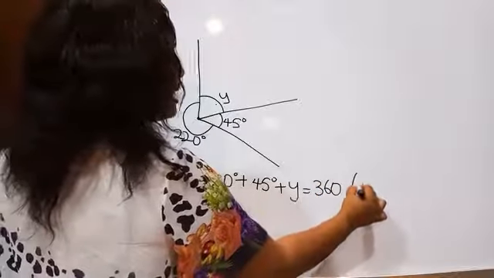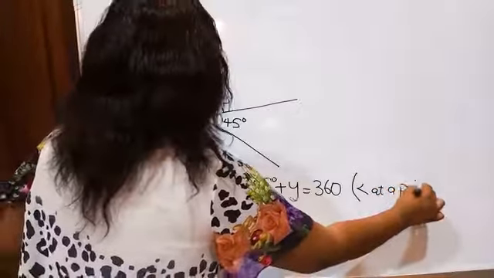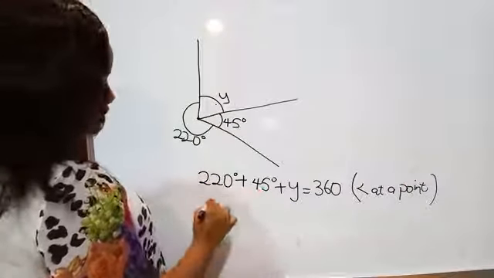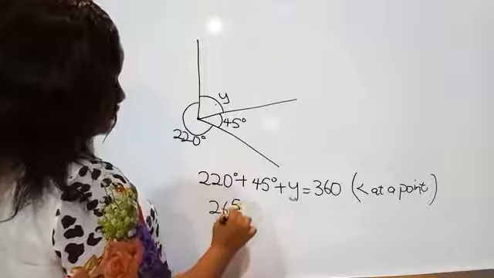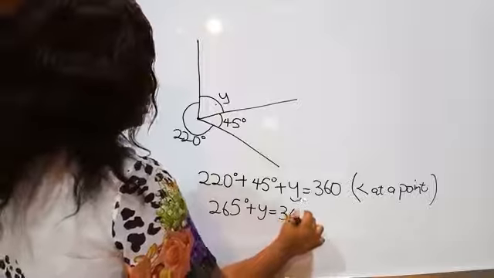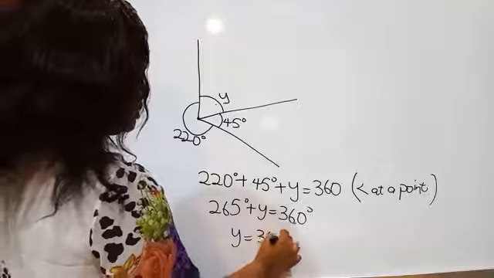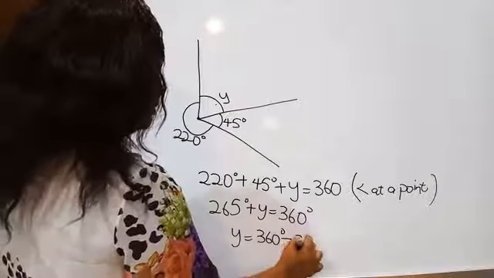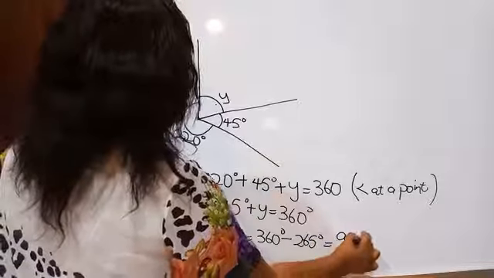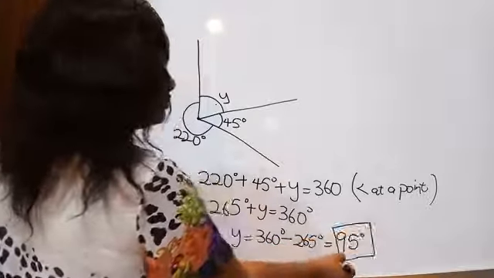And the reason is what? Angle at a point. So 220 plus 45 gives us 265 degrees plus y equals 360 degrees. So y equals 360 degrees minus 265 degrees, which gives us 95 degrees. And so our y is 95 degrees.